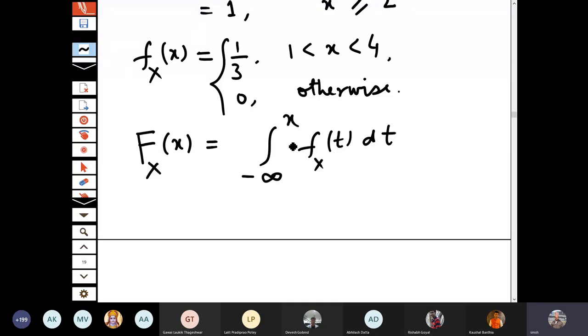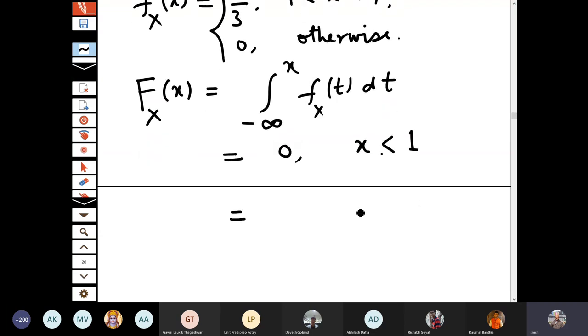So if I have x to be, say, -3 or any value which is less than 1, then you are integrating only 0. So this will be 0 for x less than 1, or less than or equal to 1. It doesn't make any difference, whatever we put.